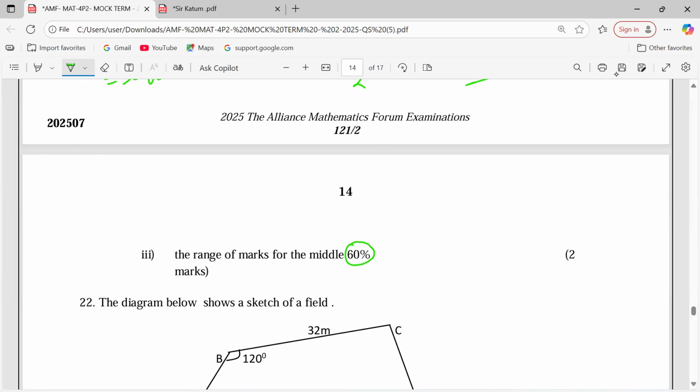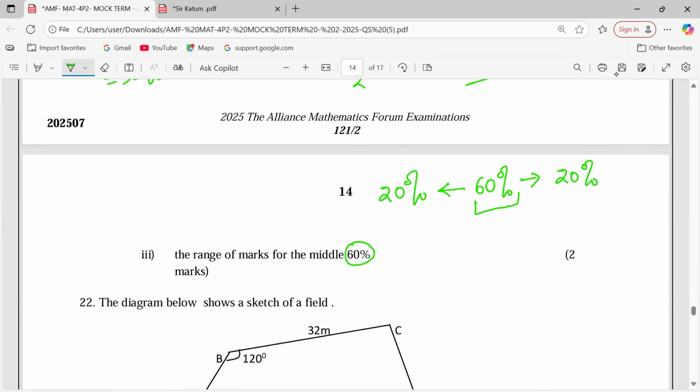When we talk about middle 60%, it means the other 40% should be divided such that we have the top 20% and the bottom 20%. So that now we get the range of marks scored by the middle 60, ranging between the first 20 and the last 20.